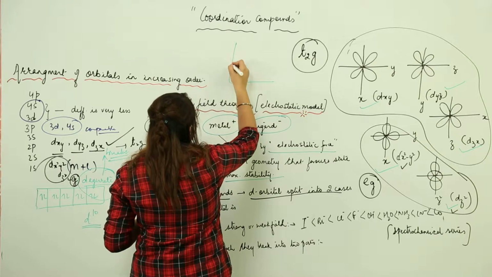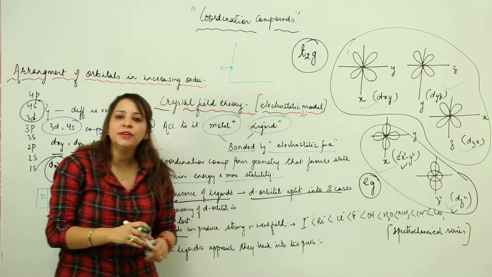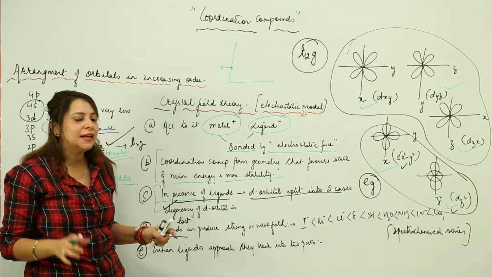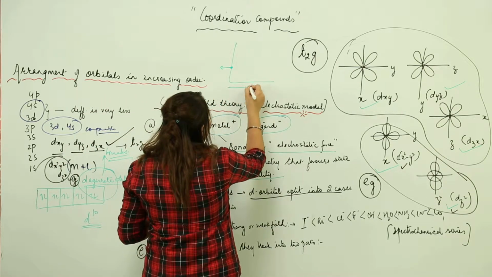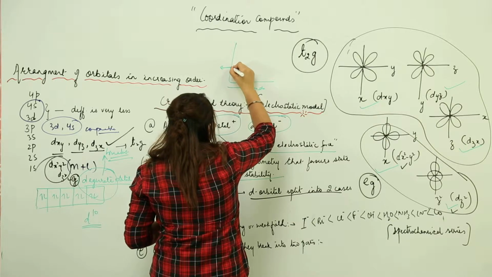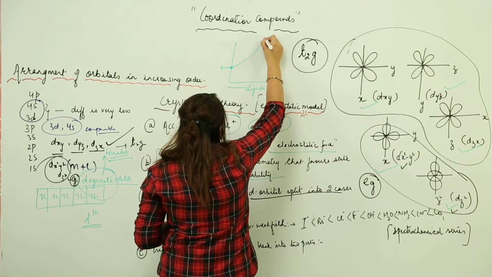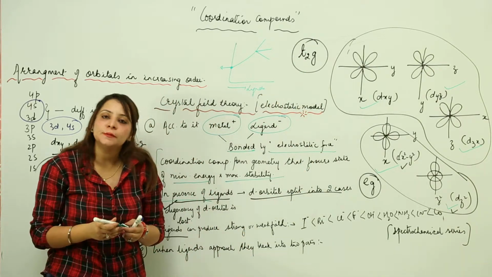Let's say my molecule possesses this much energy, because we know that every molecule has a certain amount of energy. So let's say that the metal atom possesses this much energy, already possessed by it. Now I'm going to add ligands to it. When I add ligands to it, its energy rises to a maximum, and then the energy gets split.